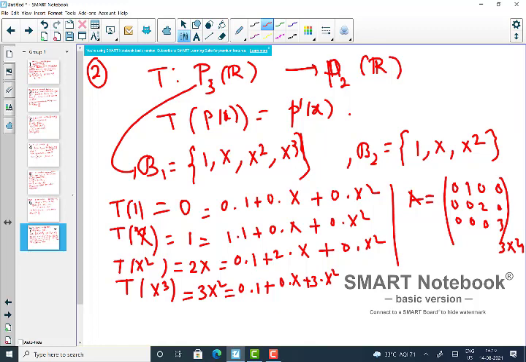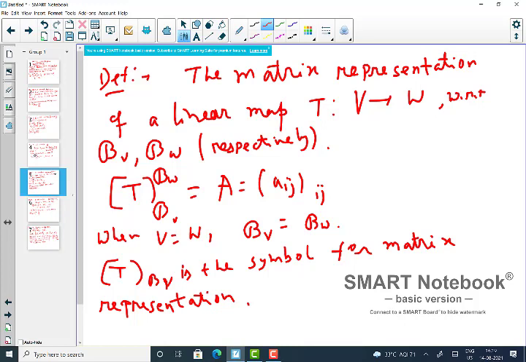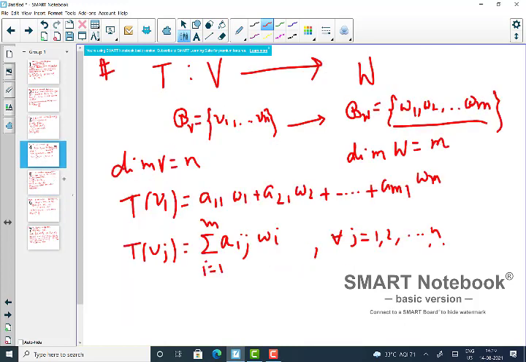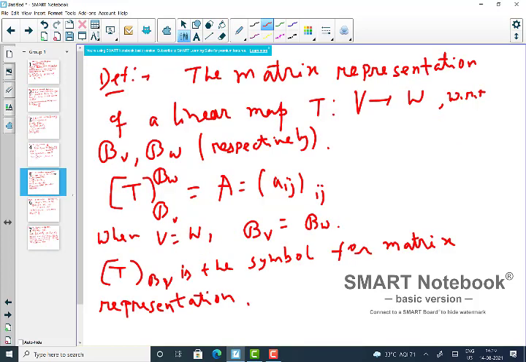And that is obvious because of the dimensions. If the dimension of the domain is n and the dimension of the codomain is m, then A will be an m cross n matrix.